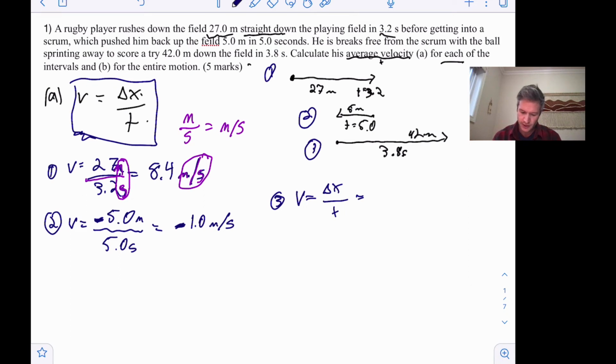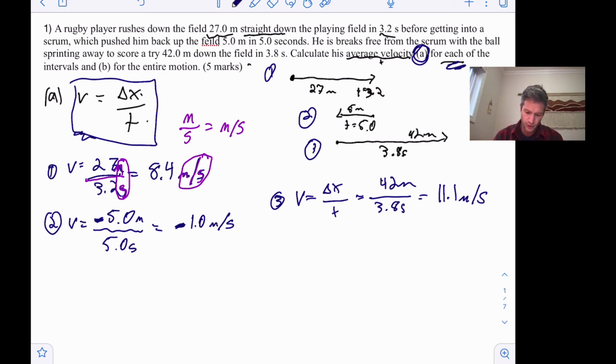So for segment number 3, that means we have 42 meters over 3.8 seconds. Okay. When we plug that into the calculator, 42 divided by 3.8, we have 11.1 meters per second. Okay, so there we go. That was part A for each of those.